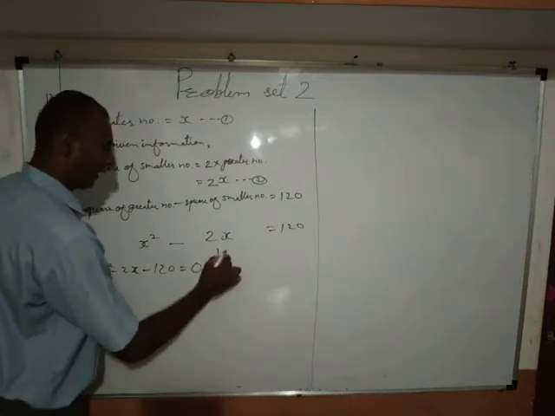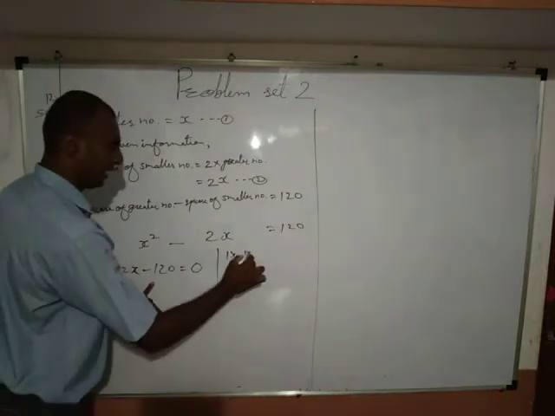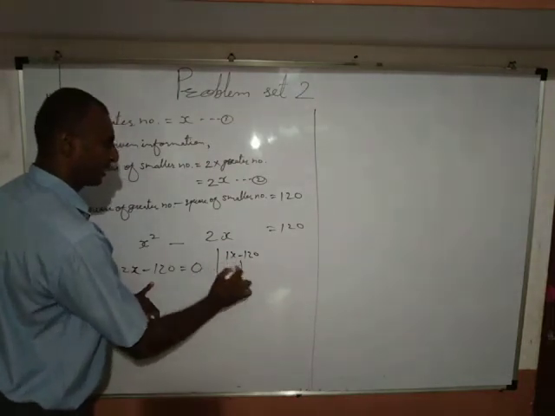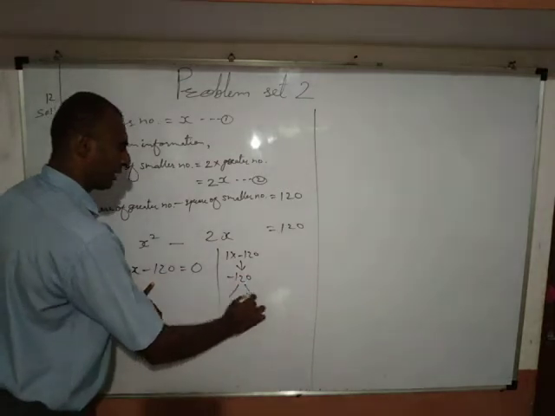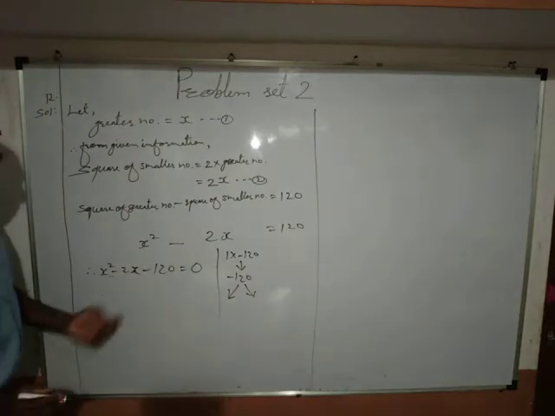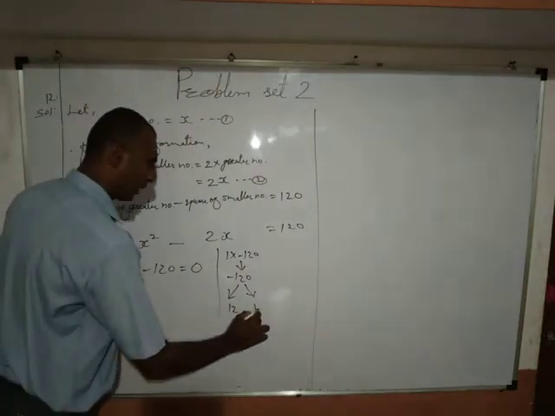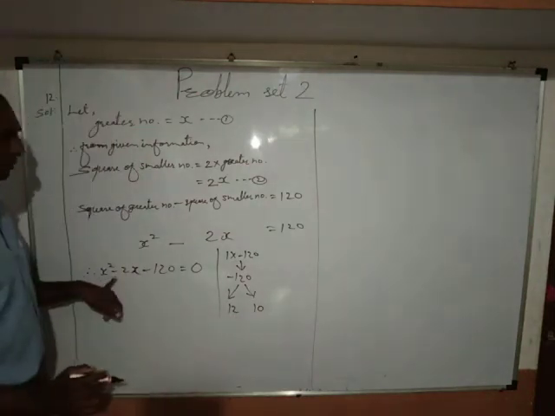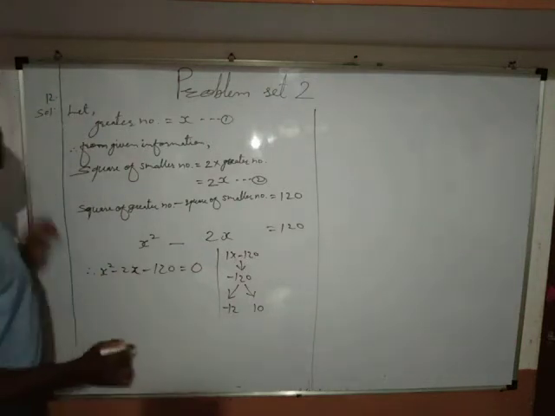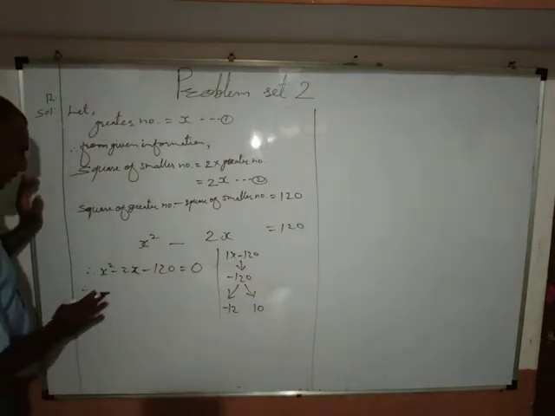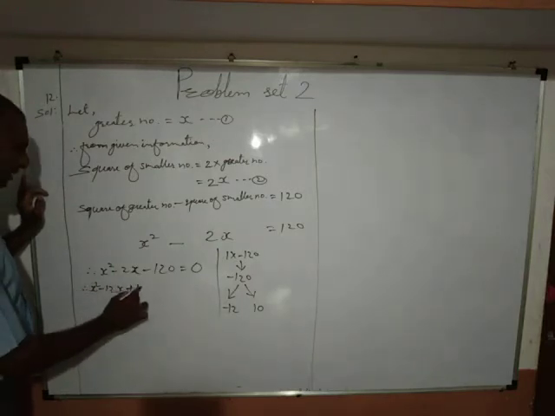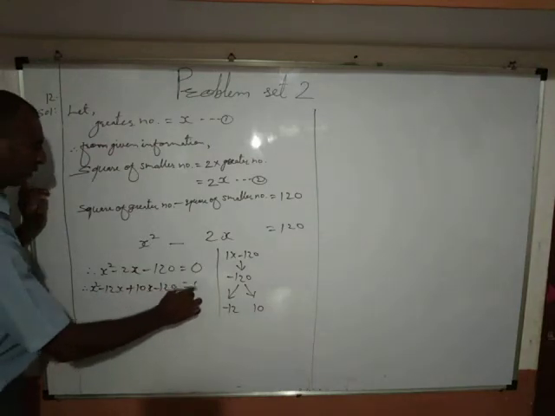Here the value of a is 1, the value of c is minus 120, and their product is 1 into minus 120, which gives us minus 120, and it should be factorized in such a way that the addition must be minus 2, meaning the factors will be 12 and 10. As the addition must be negative, the greater factor will be negative. Minus 12 and plus 10 will be the factors, and therefore we can write x square minus 12x plus 10x minus 120 equal to 0.